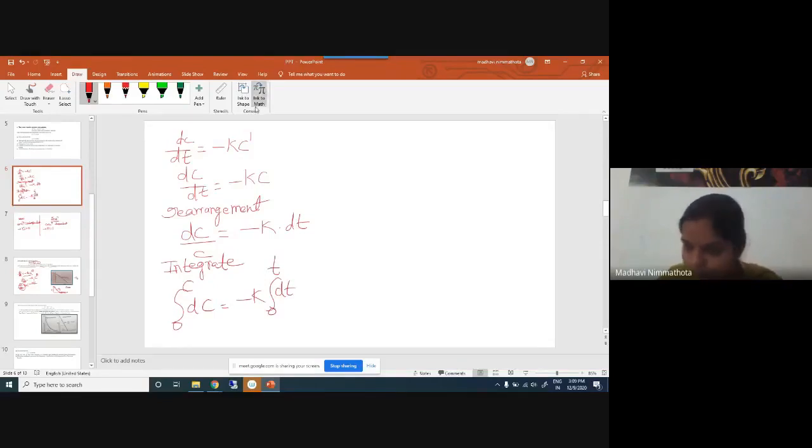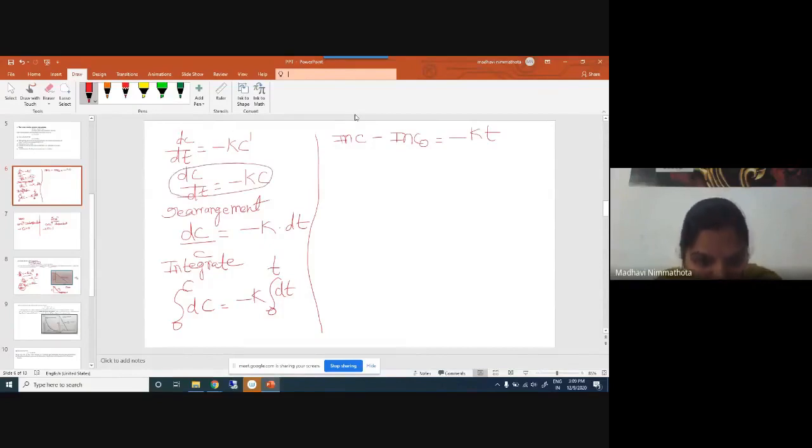Then you take ln C minus ln C0 equals minus k into t. This is the constant equation for a first order reaction.